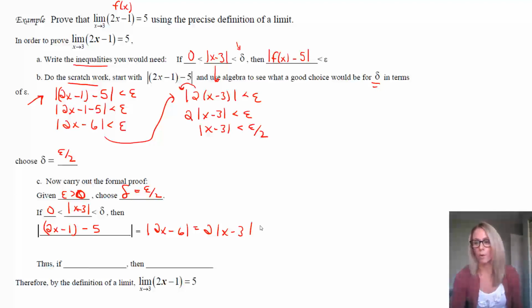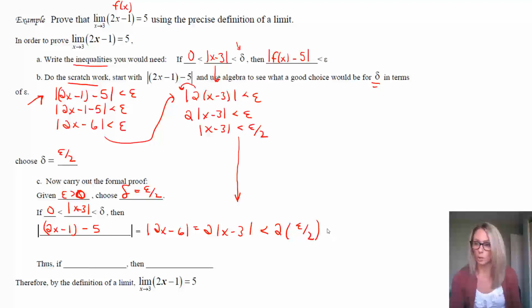Then here is the point where we get very exciting. Because of this fact right here, we know that the absolute value of x minus 3 is less than epsilon over 2. Now I can say that this thing is less than 2, because I just have a 2 there, times the absolute value of x minus 3, which we know is less than epsilon over 2.